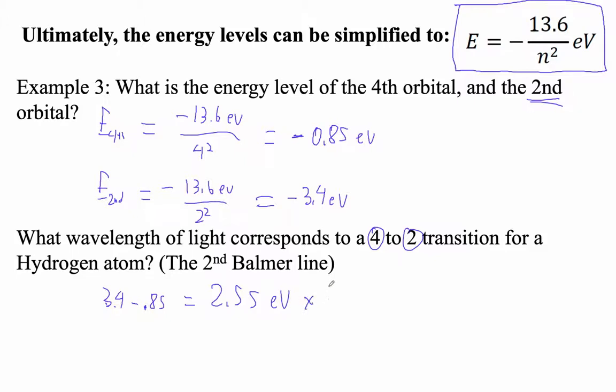Well, let's make it into joules, right? So let's see, times 1.602 E minus 19. So that is 4.0851 times 10 to the minus 19th joules, and then the wavelength is going to be hc over E, right?